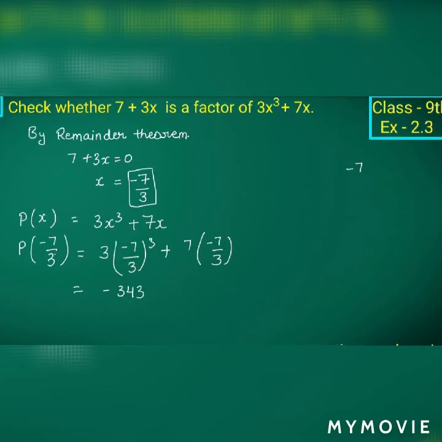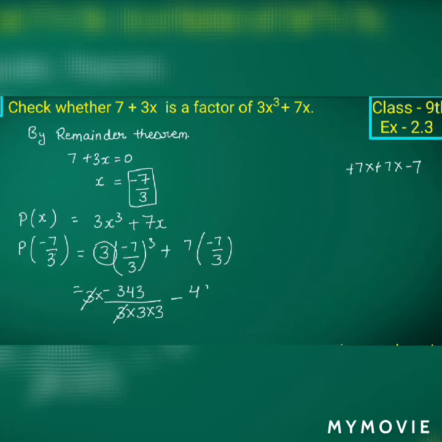Minus 7 whole cube is minus 343. 7 sevens are 49, 49 into 3 is 147... 343. 3 cube is 3 into 3 into 3, 3 threes are 9, 9 threes are 27. Here 3 and 3 will get cancelled. What else will remain? 3 into 3 is 9, and plus into minus becomes minus, so 7 sevens are 49 by 3, isn't it?